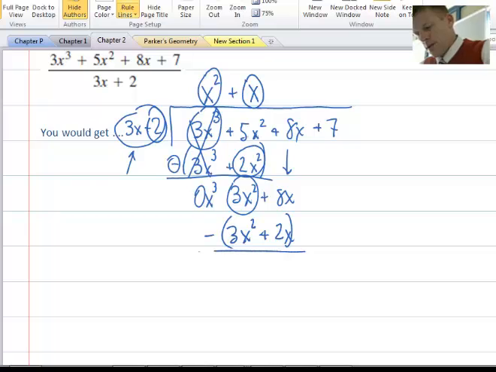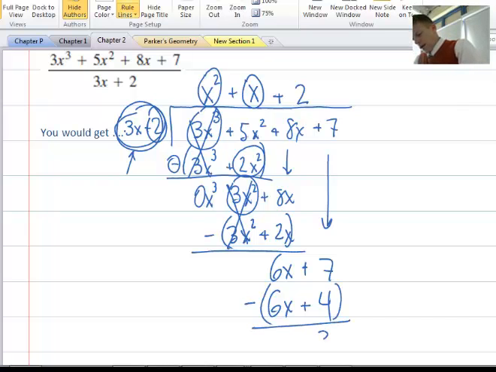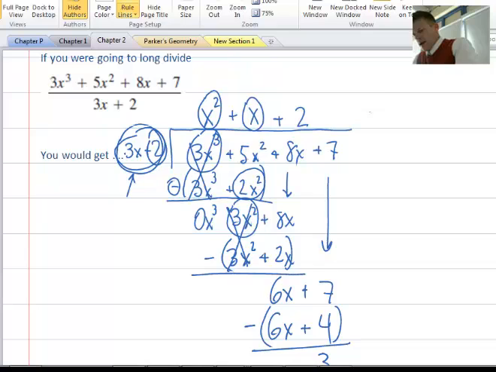Remember, it's subtraction, so that term disappears, and now I'm just left with 6x. Bring the 7 down, and now what do I multiply 3x by to get 6x? It'd be plus 2. So now I'd have 6x plus 4, and when I subtract that term, I get 3 left over. So I have a remainder of 3.